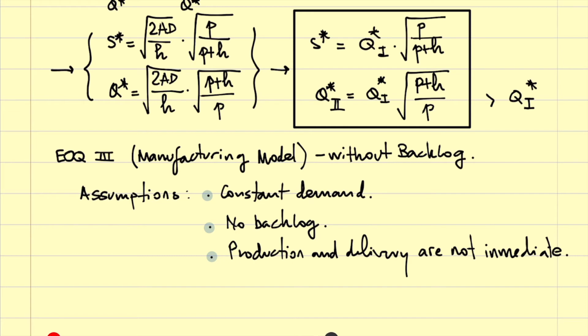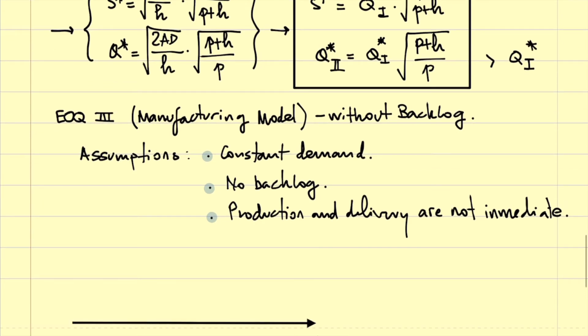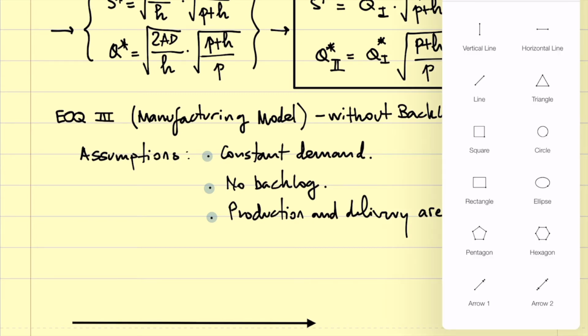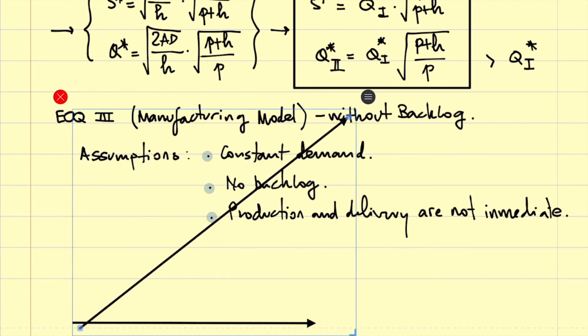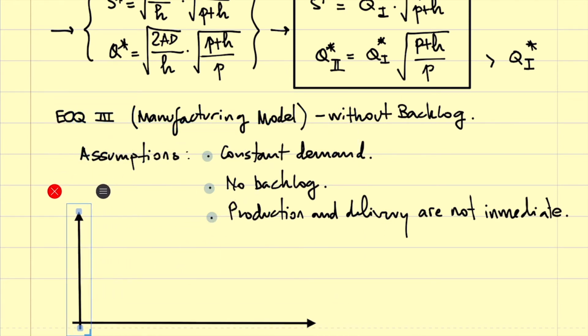So imagine this is time. And imagine this is your inventory level. You have your Q level of inventory, so your order quantity.